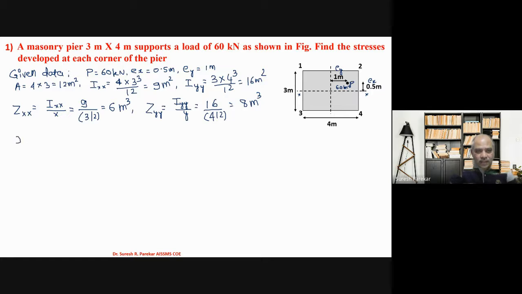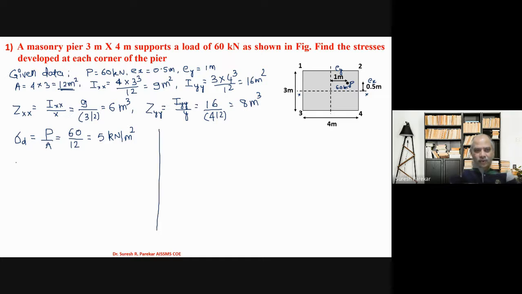Now we will find sigma d, that is equal to direct stress P by A. P we have 60 and A we have here 12 meters square, and from this we will get 5 kilonewton per meter square.